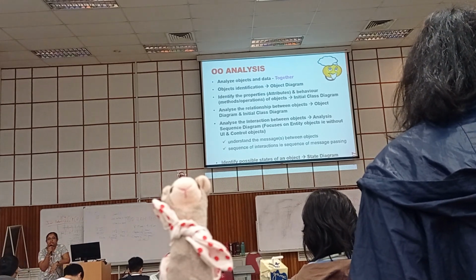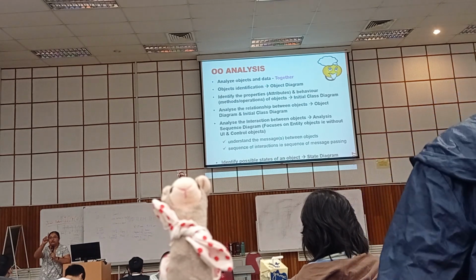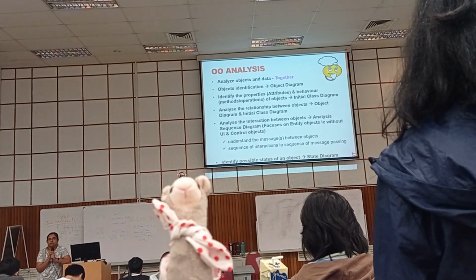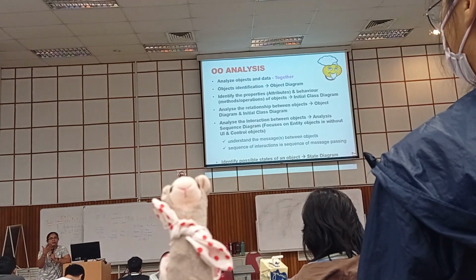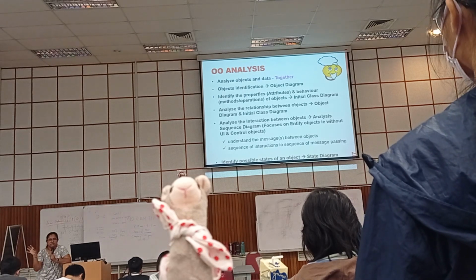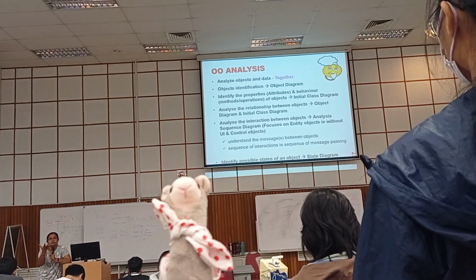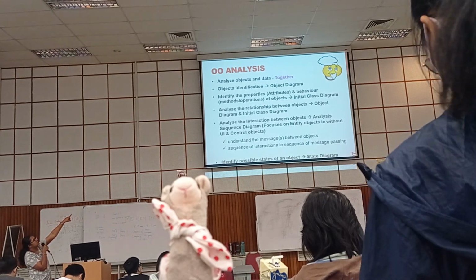How do you analyze objects? First thing for the system, you know the project title. What do you do first? How to start with the object-oriented analysis? How to come up with the first diagram? That's the meaning. How do you identify the objects? Obviously, you need to analyze the objects and data.